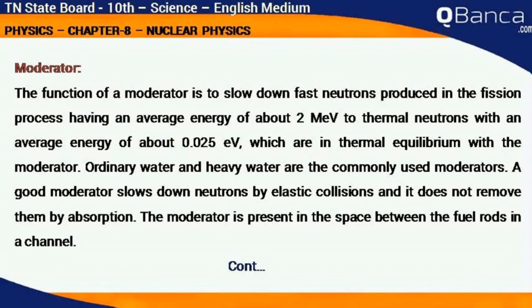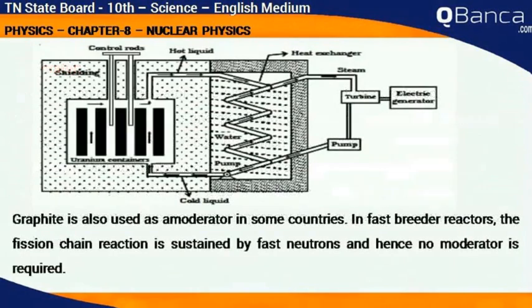Ordinary water and heavy water are the commonly used moderators. A good moderator slows down neutrons by elastic collisions and does not remove them by absorption. The moderator is present in the space between the fuel rods in a channel.